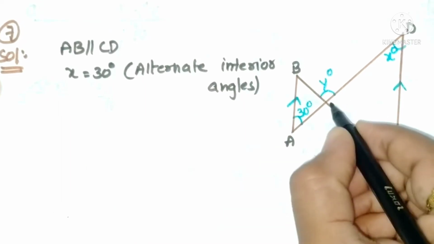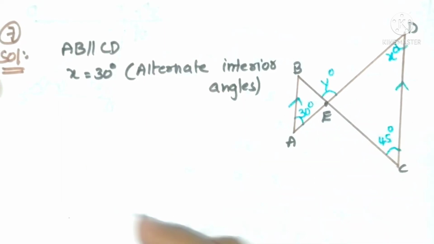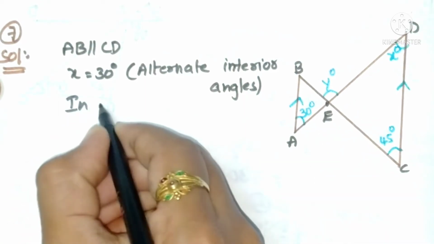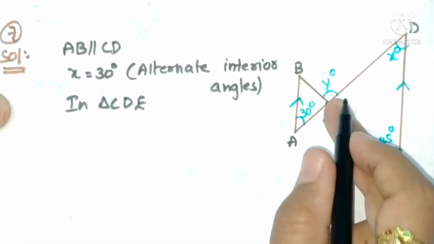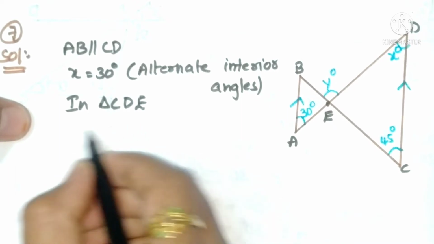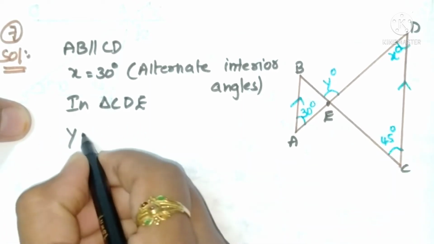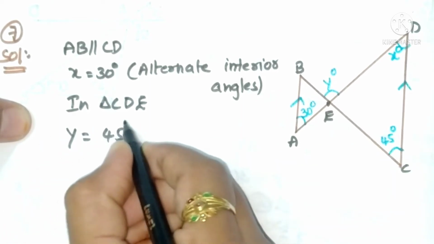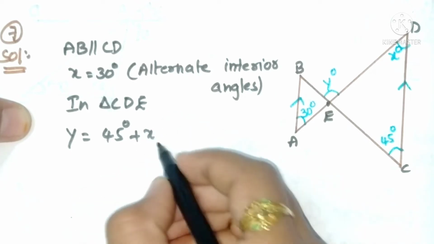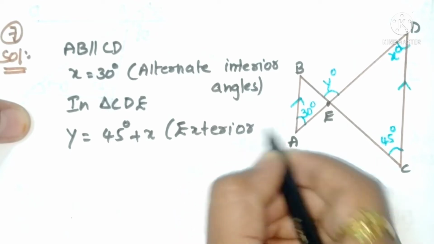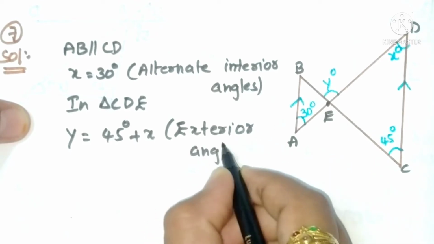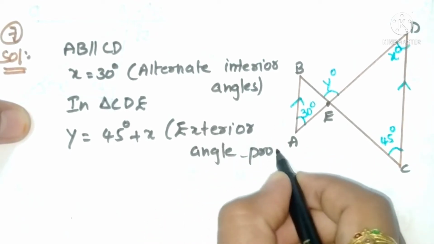And in triangle CDE, y is the exterior angle, right? So y equals 45 degrees plus x, by the exterior angle property, or you can write exterior angle also.